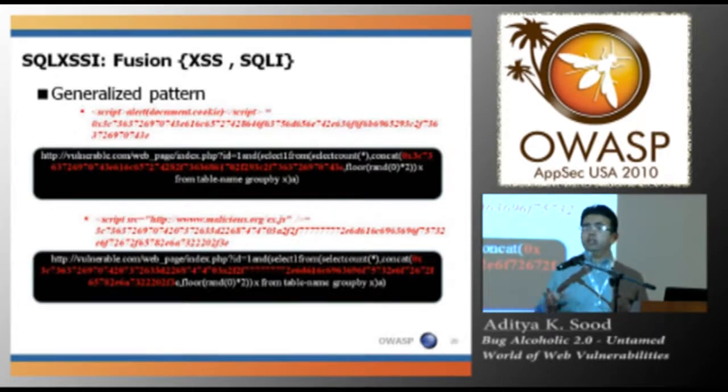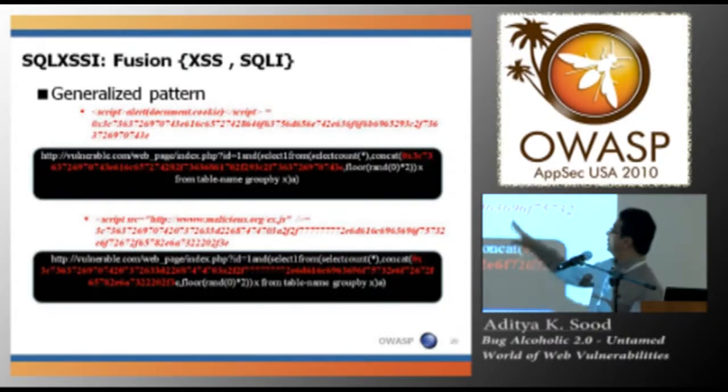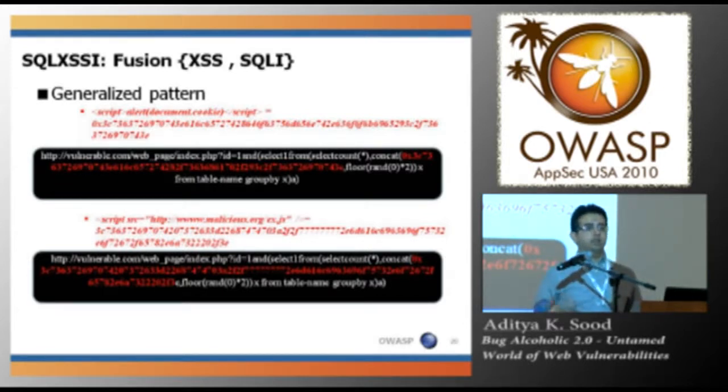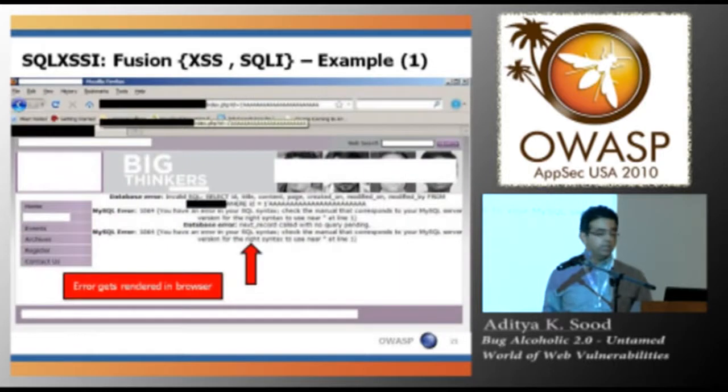That's okay, you get control, but sometimes it is not exploitable. If we get a particular scenario of errors, we can exploit it through SQLXSSI. The red string here is provided in hex, carrying our payload.